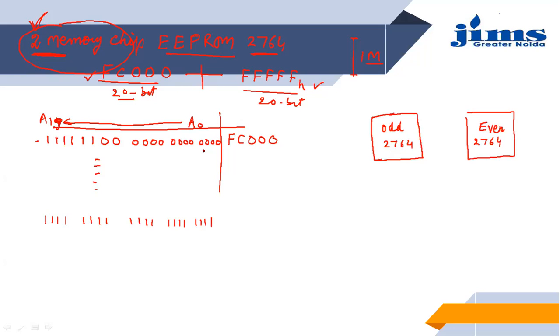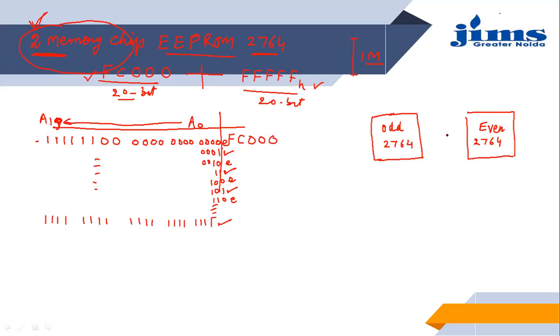If you go on writing the total memory addresses, they become 1011, 100, 101, 110 and so on. So I know this address will be odd, this will be odd, this will be odd, and this will be even, ending with 0. This will be even, even, even and so on.